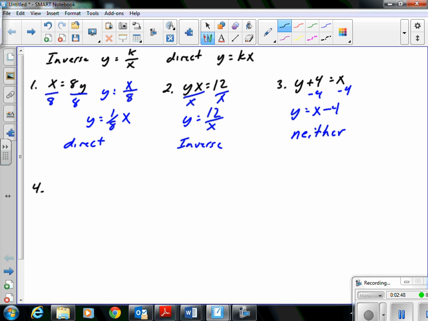All right, and number 4 tells us that x and y vary inversely. Use the given value to determine the value for y when x equals 4. And then it tells us that x equals 12 when y equals 3. So we're using inverse variation, y equals k over x.